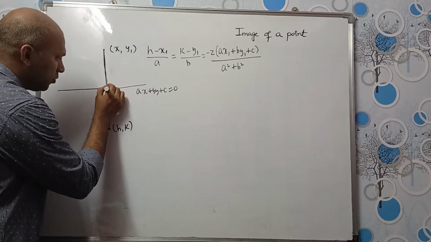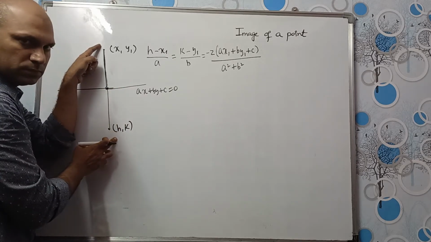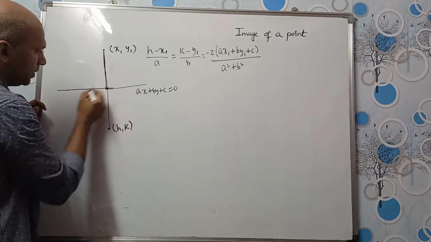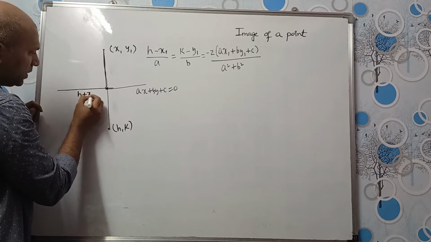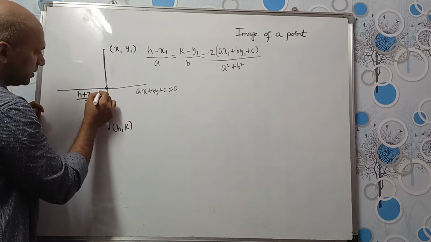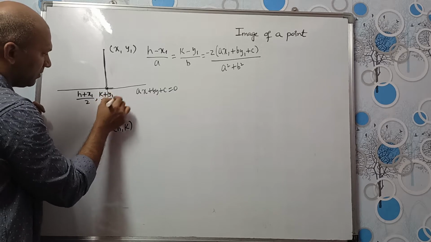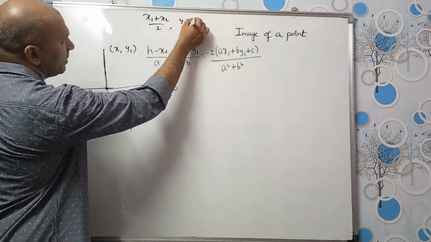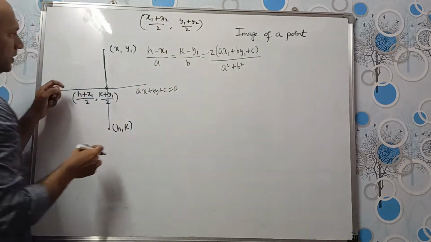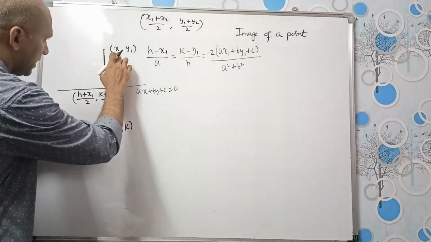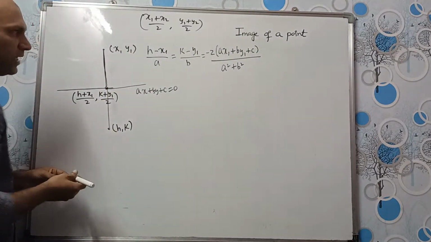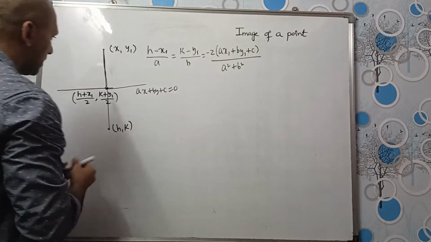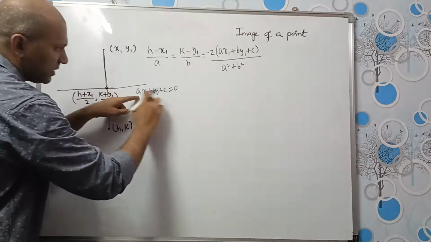Now see, this point will be the midpoint of these two. So it will be equal to h plus x1 divided by 2 comma k plus y1 divided by 2, using the formula x1 plus x2 divided by 2, y1 plus y2 divided by 2. This is the midpoint formula. So h plus x1 divided by 2, k plus y1 divided by 2. Now see, what is the slope of this line?